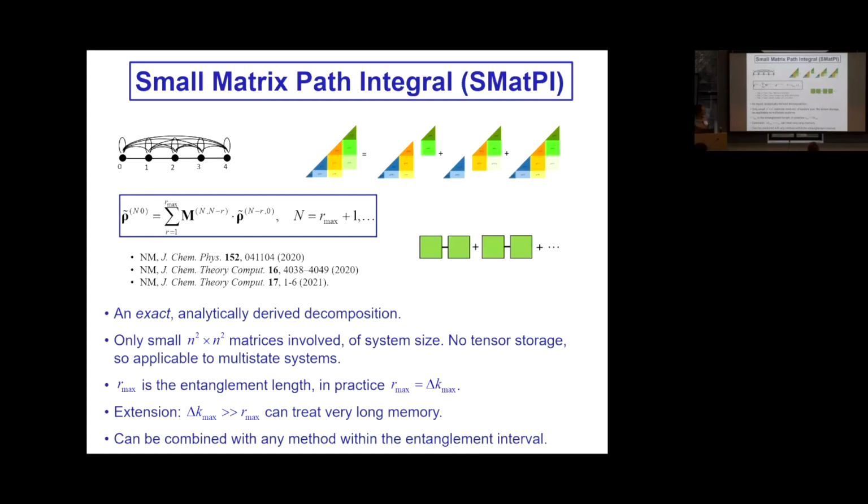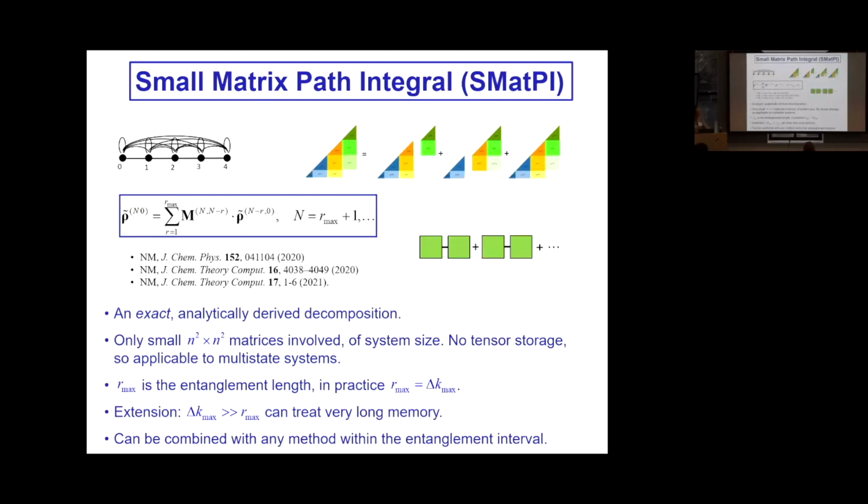So when you do this, the reduced density matrix becomes a sum of matrix products. And this is not an MPS at all. It is a sum of matrices.